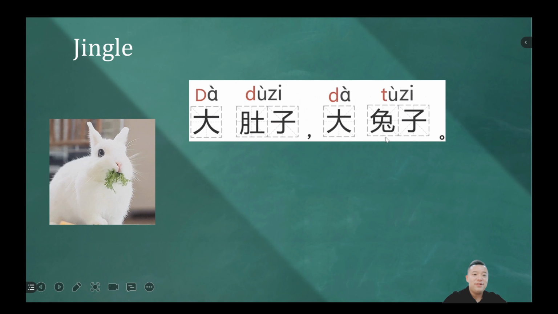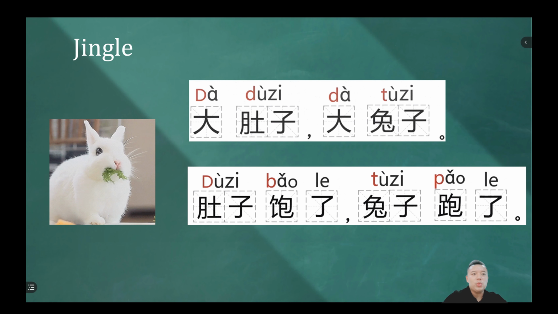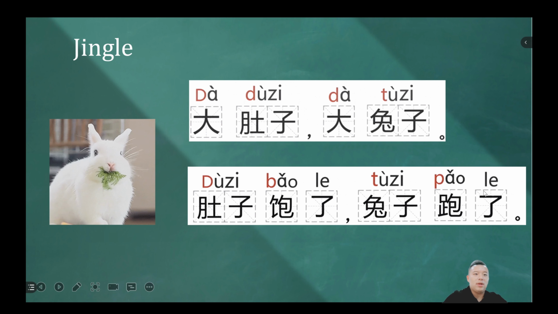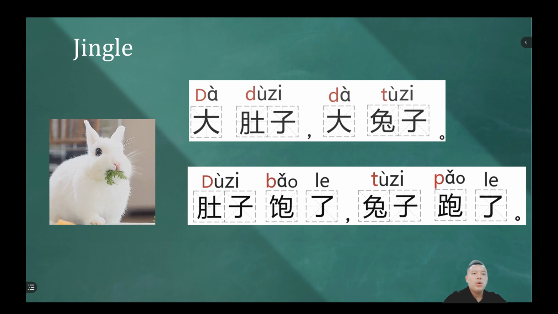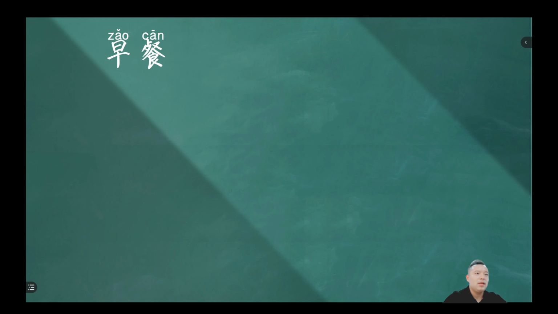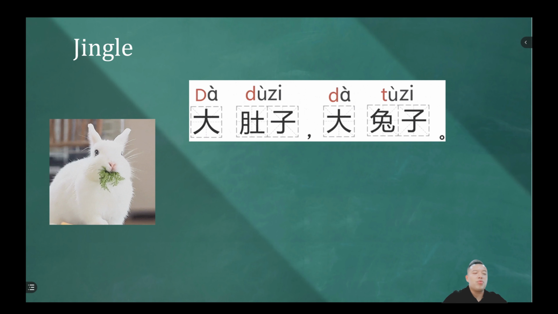Okay, very good. 大肚子，大兔子。肚子饱了，兔子跑了。Okay, one more time. 大肚子，大兔子，肚子饱了，兔子跑了。Okay, this is the jingle. If you find it really hard, now let's learn something useful.